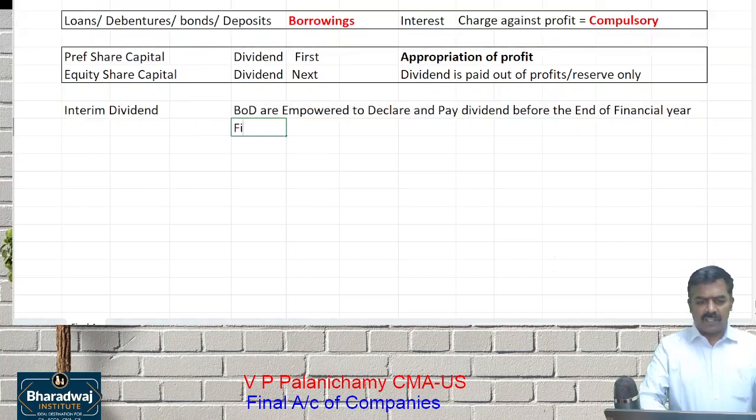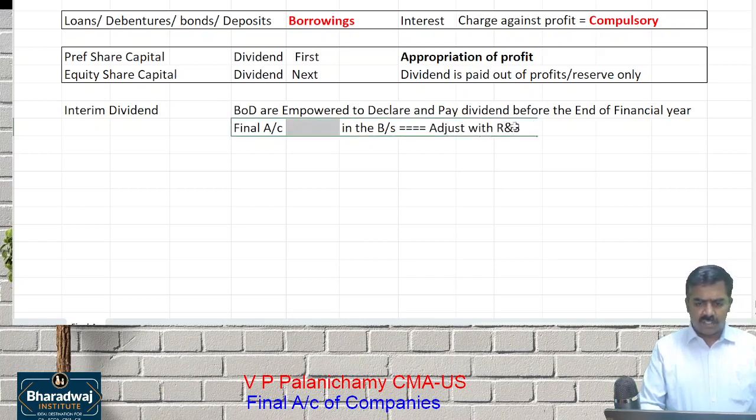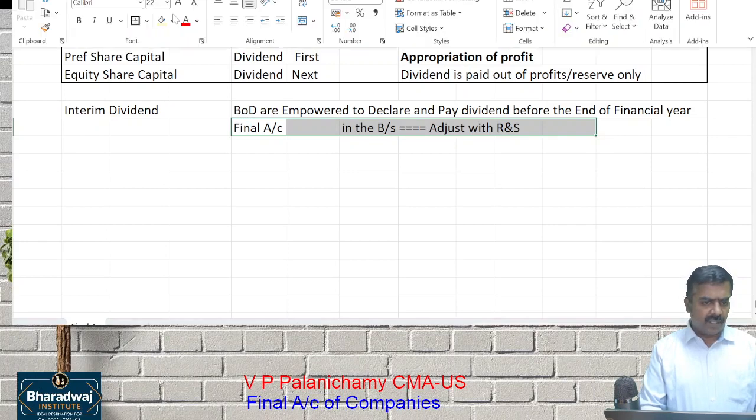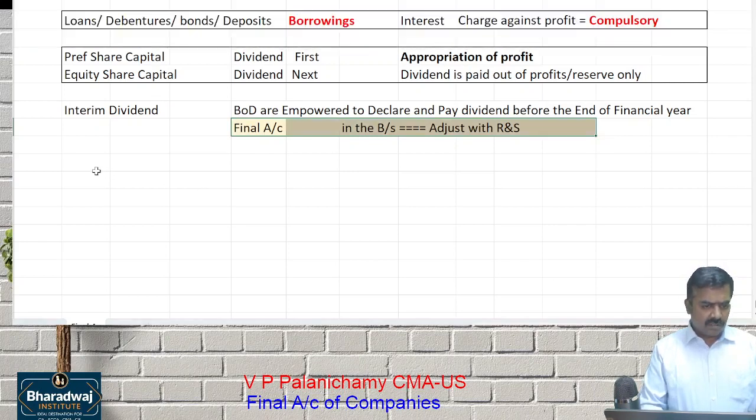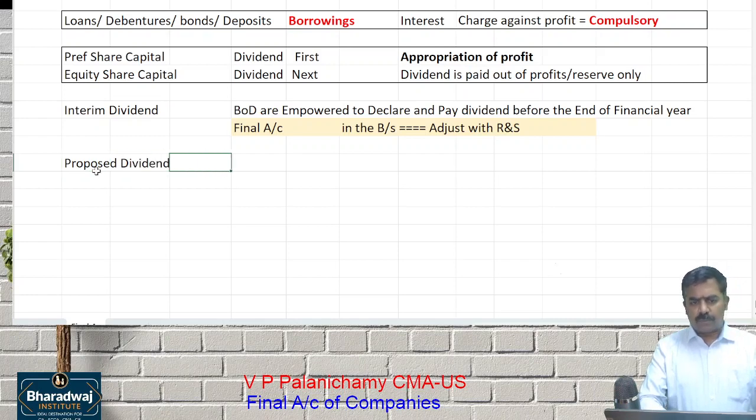Very simple. While preparing final accounts, what do we do? In the balance sheet, we adjust with reserves and surplus. This is for preparing final accounts. What about proposed dividend? As per Companies Act, it is given in notes to accounts.